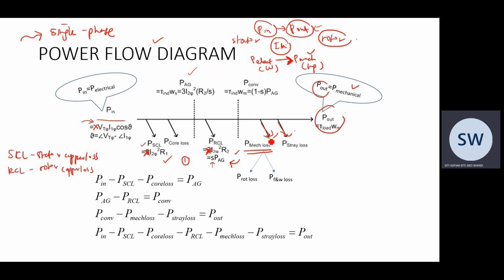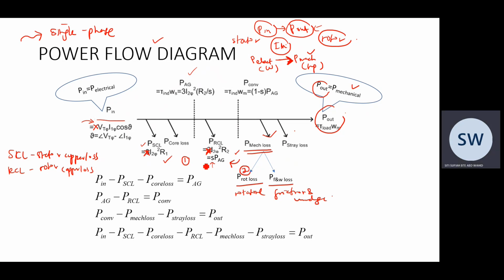Mechanical loss can be either of these two: rotational loss or friction and windage loss. This one also has no formula, so if it's not given, you may assume 0.